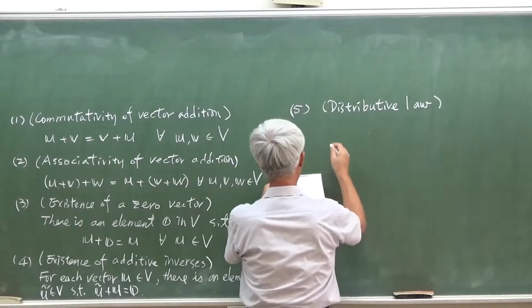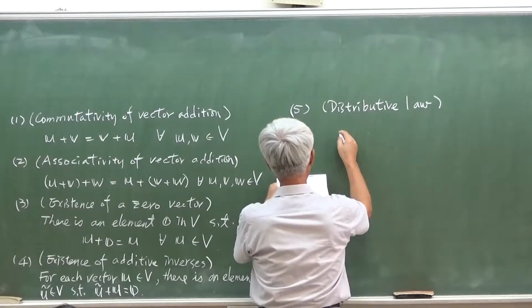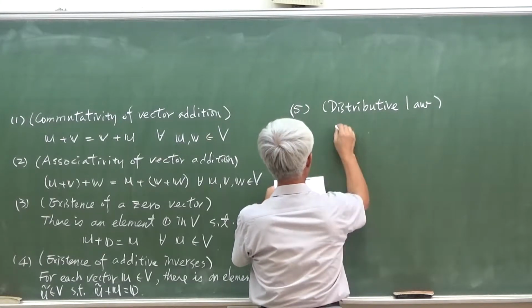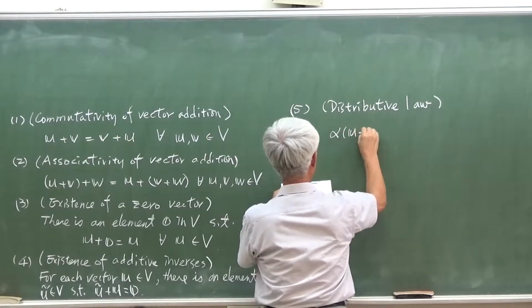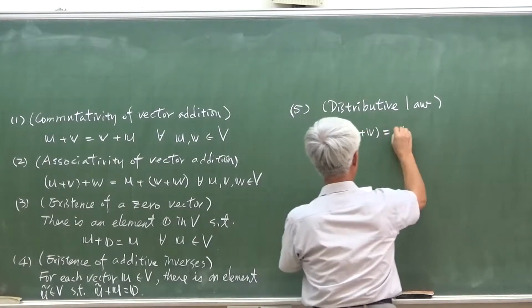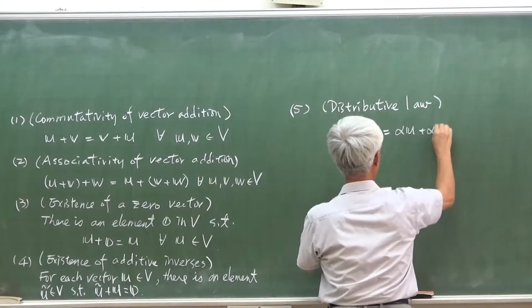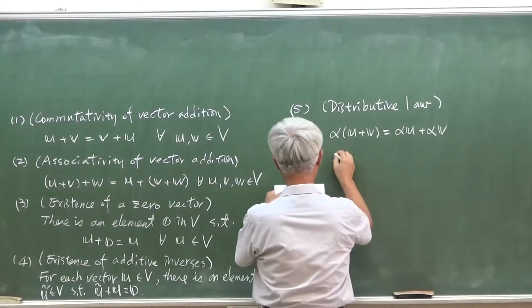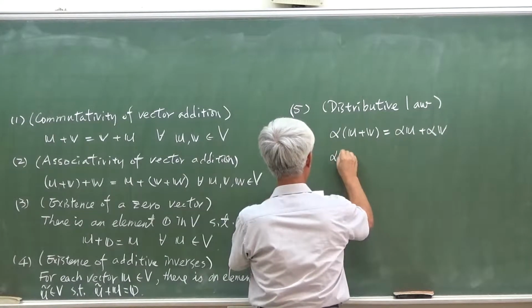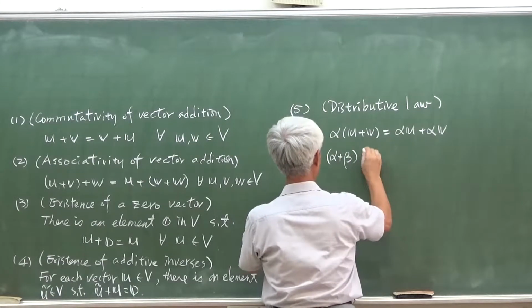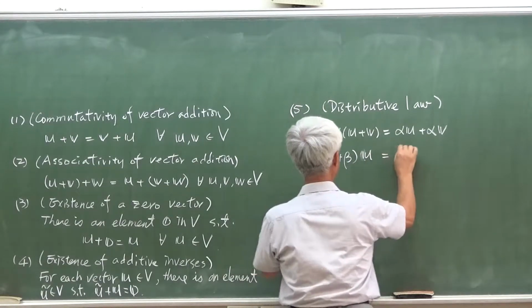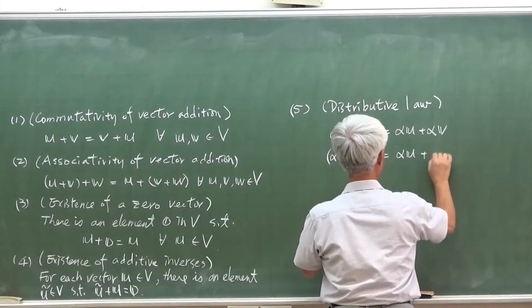There are two versions. The first version is that alpha times (u plus v) equals alpha u plus alpha v. And the second is (alpha plus beta) times u equals alpha u plus beta u.